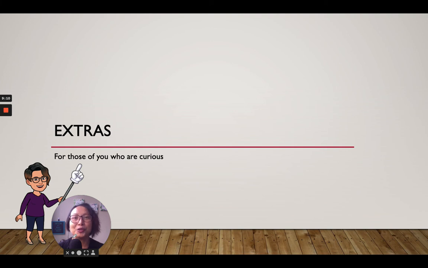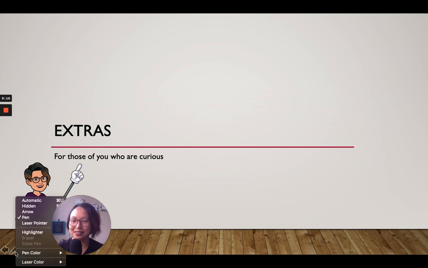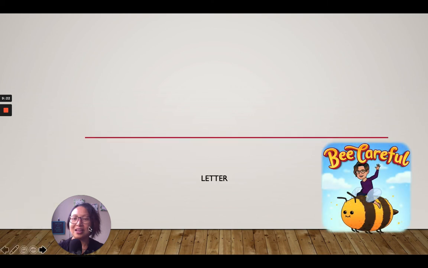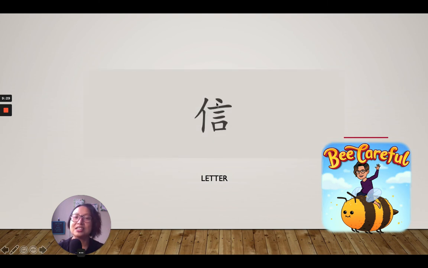Now, I'm going to show you some extras. For those of you who are curious, let's learn a little more. Let me get the laser, the arrow. Here we go. Just like what we saw in the word 這, when we see the 言, it does not always mean that it is the radical.